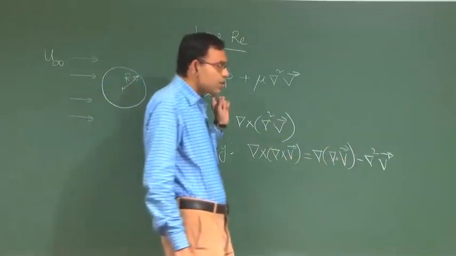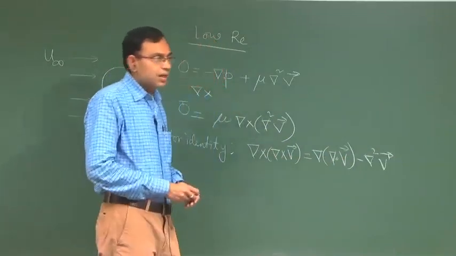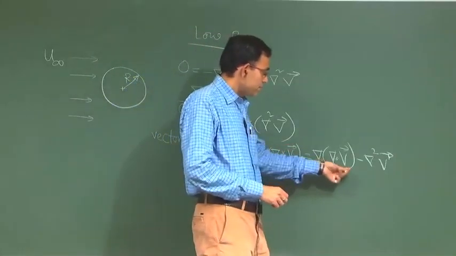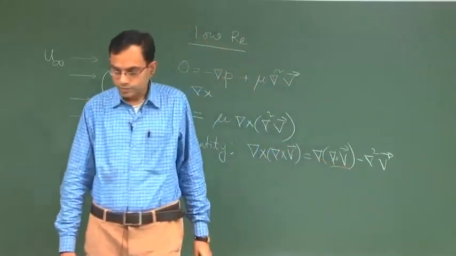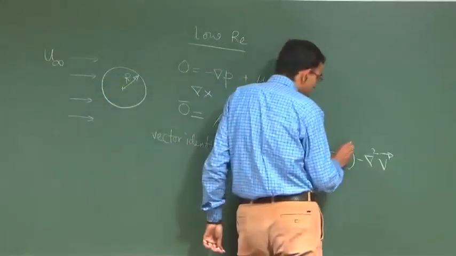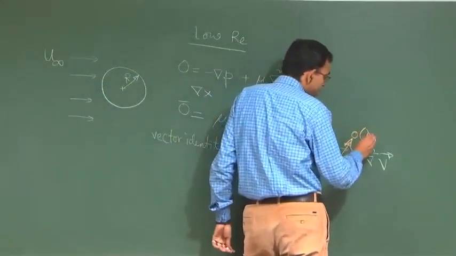So one major observation is that if it is incompressible flow, this term goes away, right, because for incompressible flow the divergence of the velocity vector is 0.